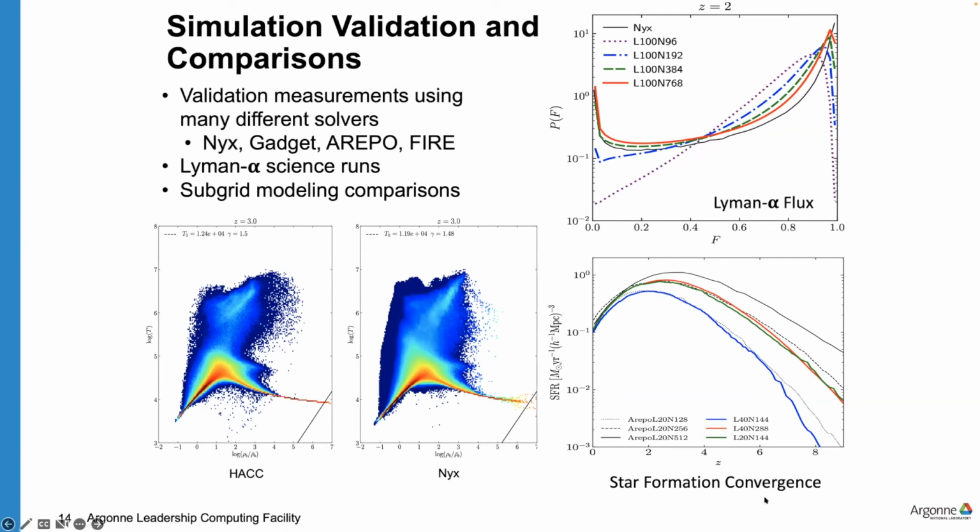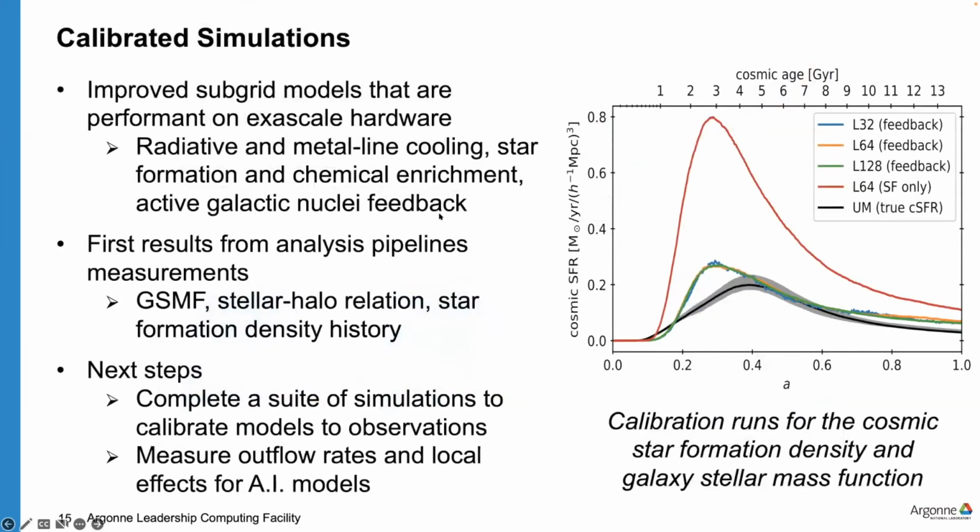And the star formation convergence. Compared to another simulation code, Arepo, similar size volumes with similar particle densities are yielding very similar results for star formation rates. So these are some of the checks that were also very important and look very good.